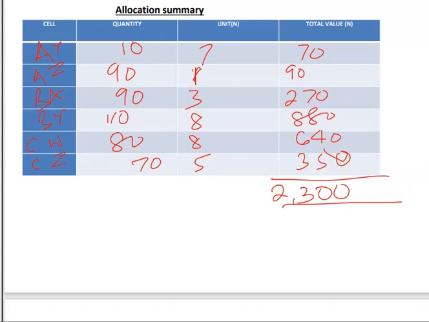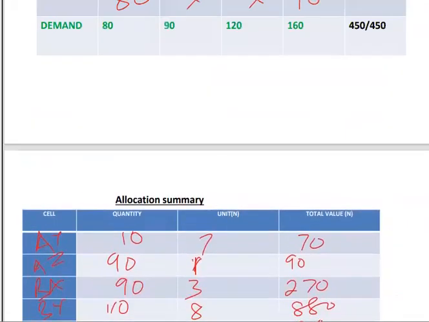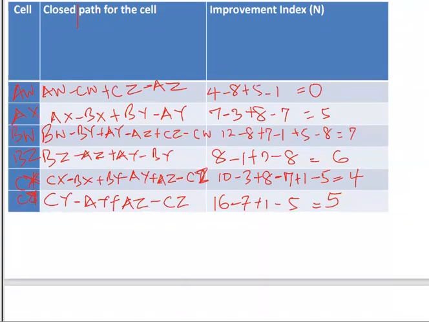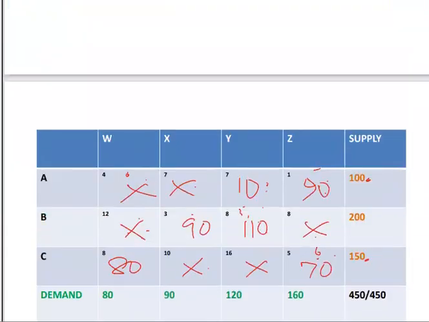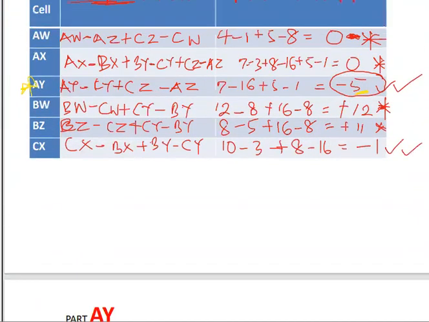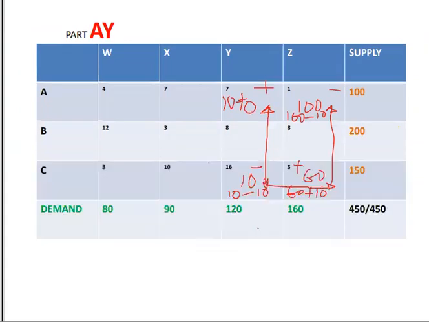By how much? By 15 naira. So how did we get the 15 naira? We save 5 naira per unit by taking AY, and we gave 10 units to AY.